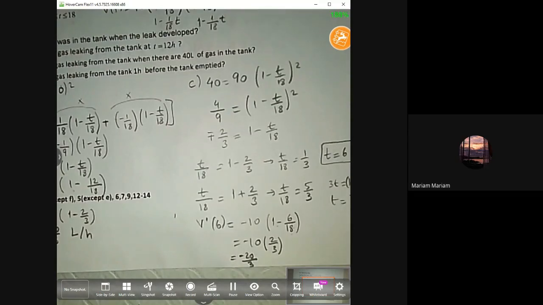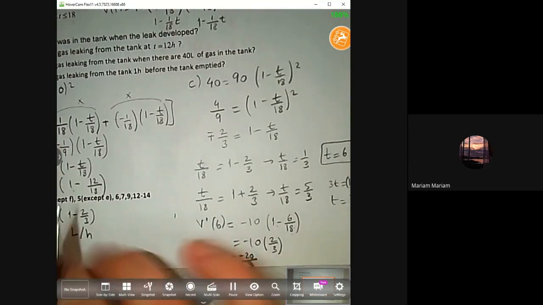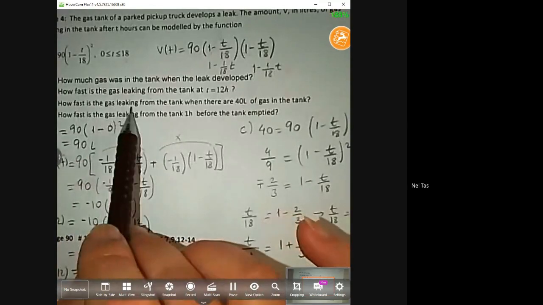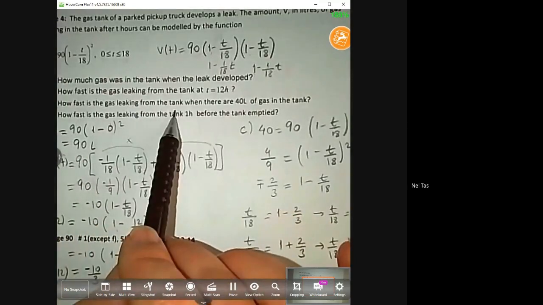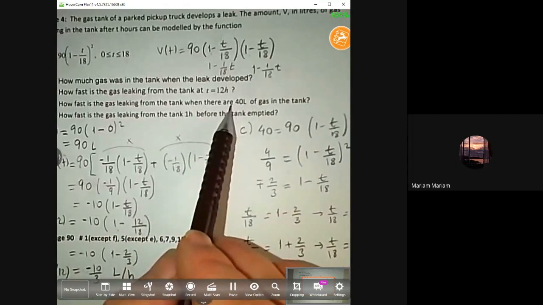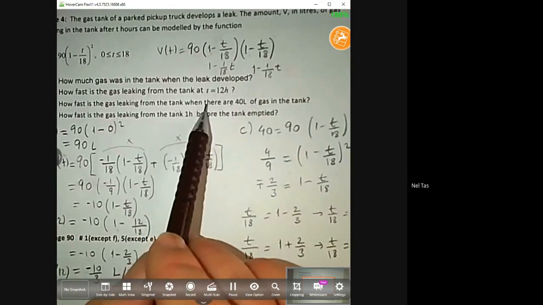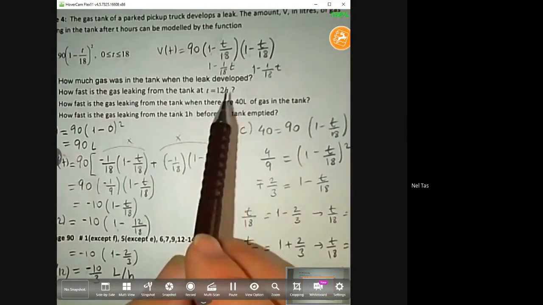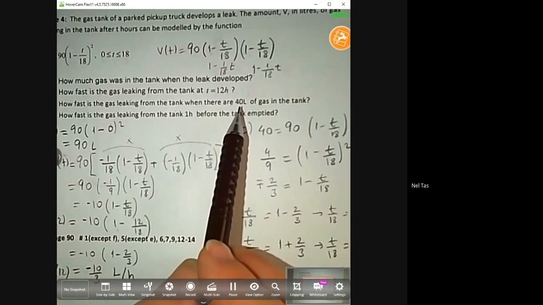Why did you substitute 6 into the equation again? The question was asking how fast is the gas leaking from the tank. It is not asking what. Oh, okay. So the question is actually asking the instantaneous rate of change when there is 40 liters of gas left in the tank.